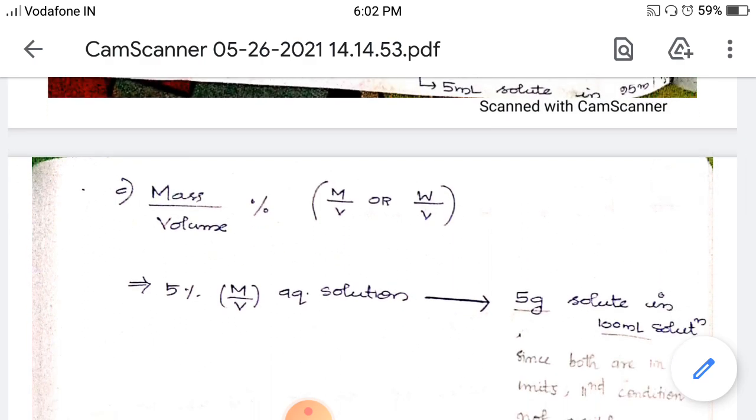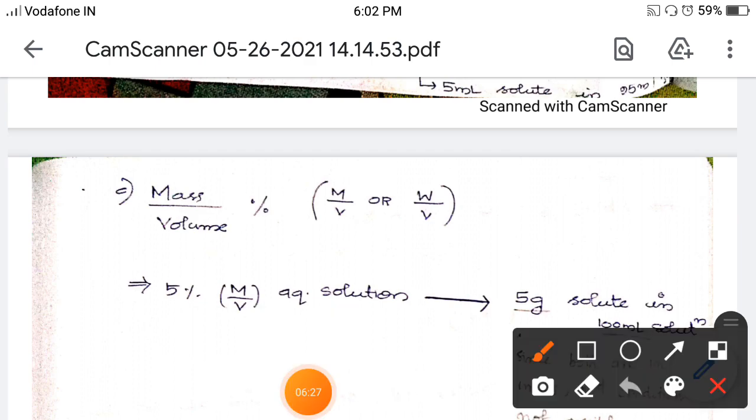So the second condition is not possible, that is, expressing in terms of solvent.